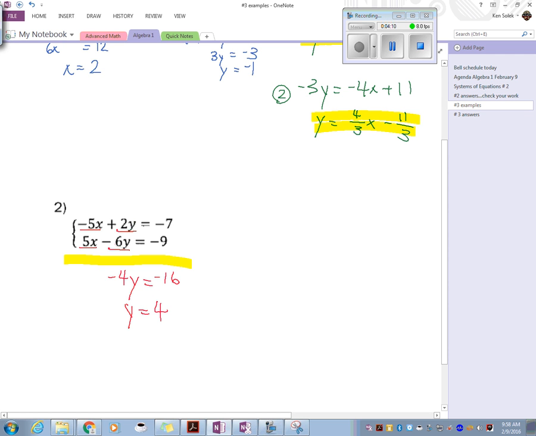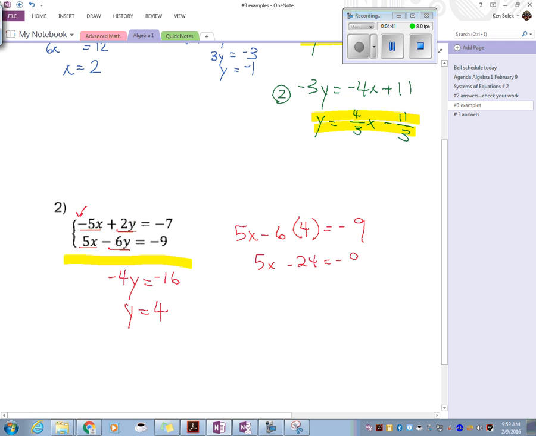So now I need to come back up and pick one equation to find the x. Well, I don't like this negative. You can still get the right answer, but the negative might throw you off. So I'm going to pick the second equation, just because I like the way it looks a little better. So the second equation is 5x minus 6 times 4 equals negative 9. 5x minus 24 equals negative 9.